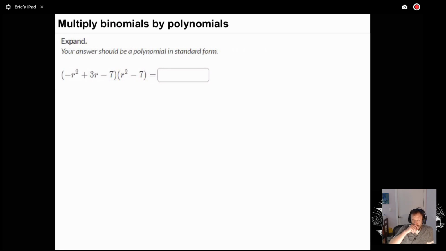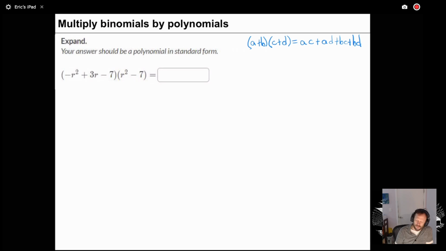Expanding a polynomial, getting rid of these parentheses. We're going to see in class that this particular situation, when you have two terms times two terms, a binomial times a binomial, expands to AC plus AD plus BC plus BD.